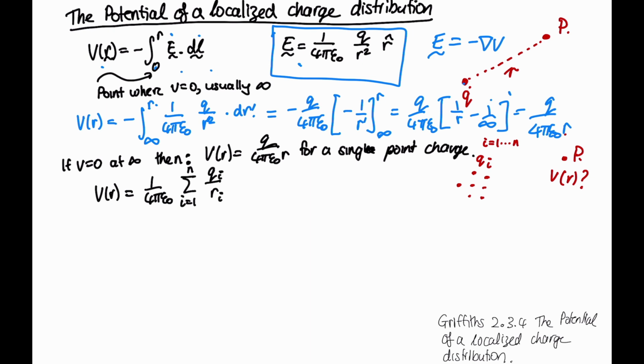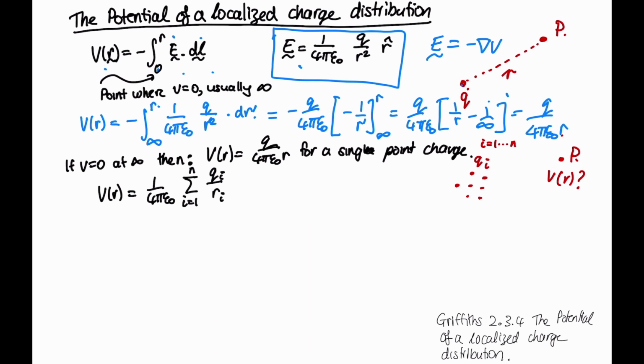But then sometimes we have a big continuous charge distribution as well. So maybe we have a rod here or something, and we want to work out what the potential is over here due to this rod. Well, in that case, we'll need to break it up into lots of little discrete bits and integrate rather than sum.